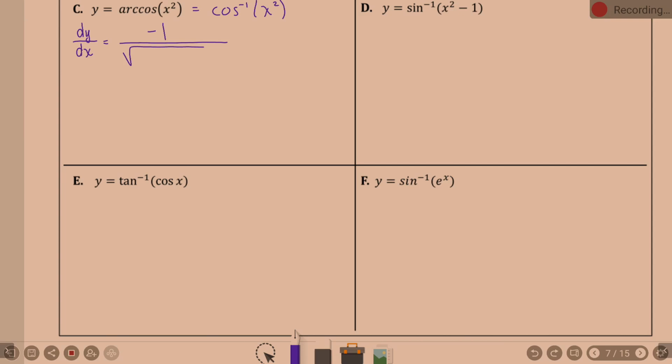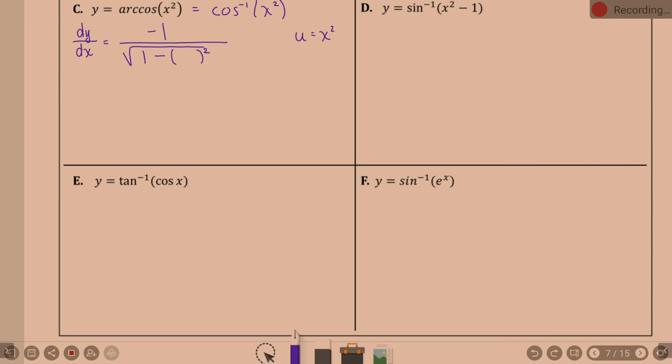It's the square root, right? I've got to remember mine, sorry guys. Of 1 minus, now, it's listed up top as u squared, right? What is my u value here? X. Right.